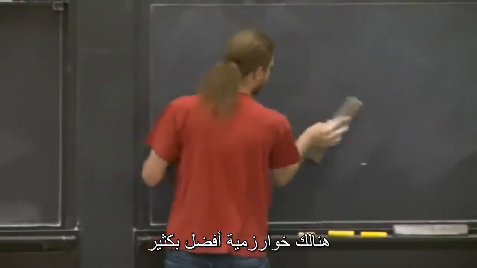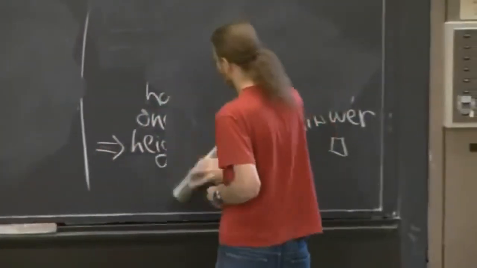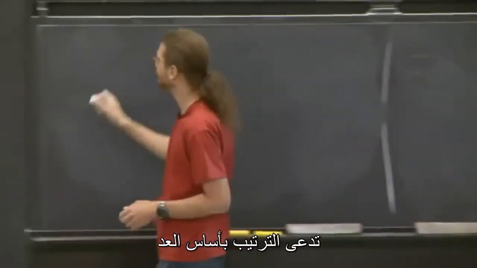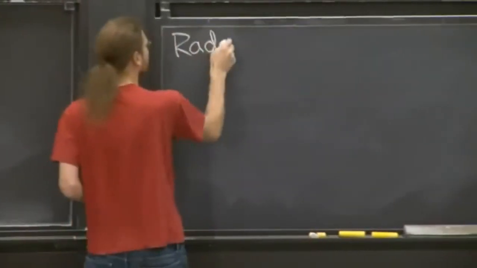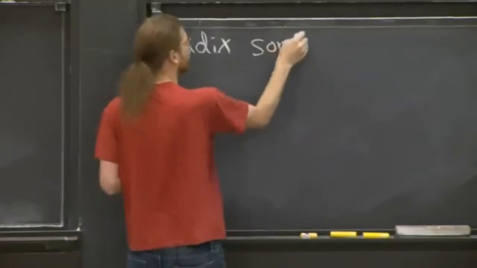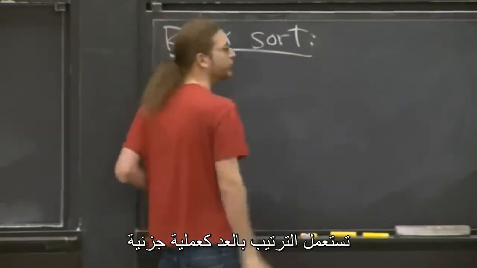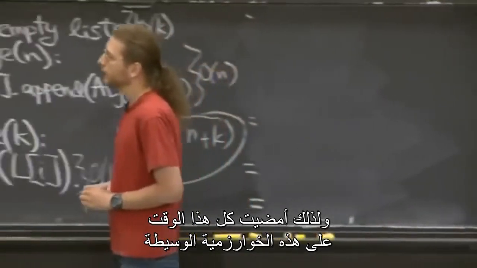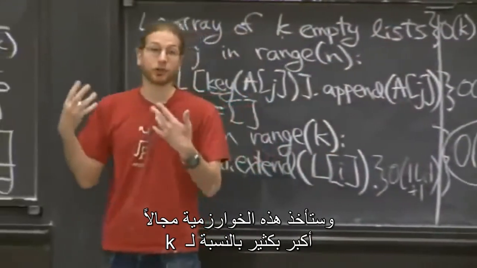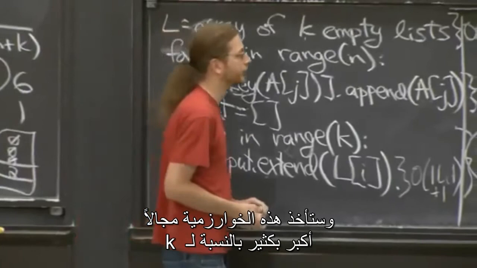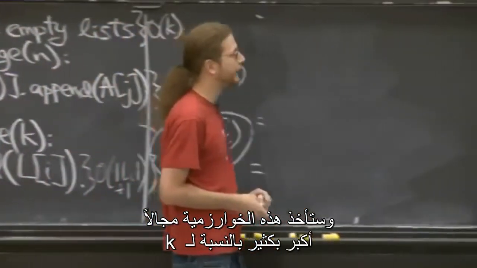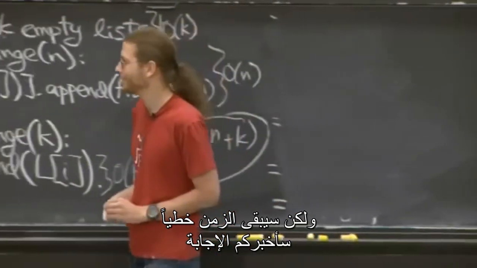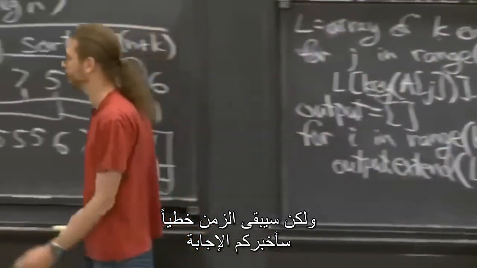And a much cooler algorithm is called radix sort. It's going to use counting sort as a subroutine, which is why I spent all this time on a mediocre algorithm. And it's going to get a much larger range of k, and it will still be linear time. I'll tell you the answer.